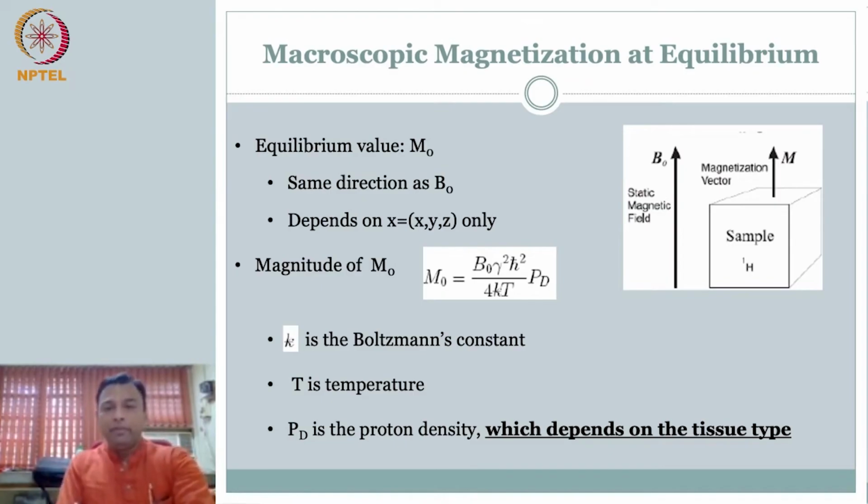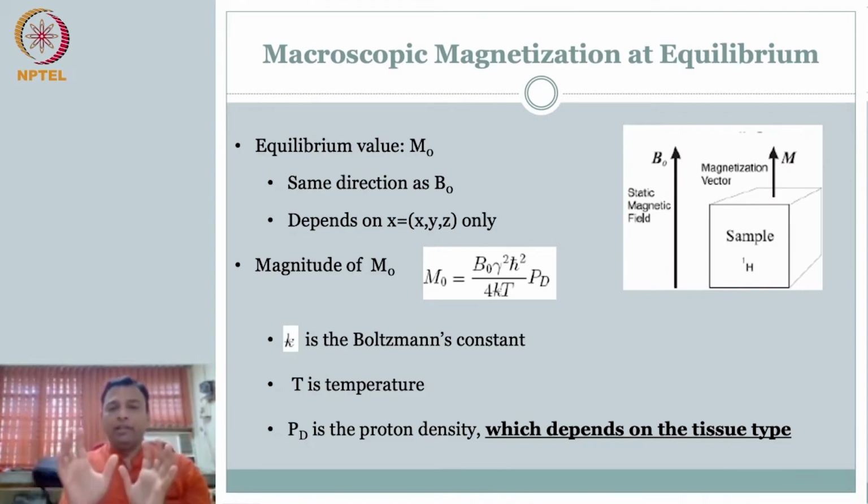So your net signal is directly proportional to PD. What is PD? Proton density. What do we mean by protons? Positively charged protons. In the case of a hydrogen atom, you have only one proton. So technically it is called proton density, but in our case we are doing hydrogen, so they loosely use it. They say proton density, and for biomedical, we are mostly interested in hydrogen.